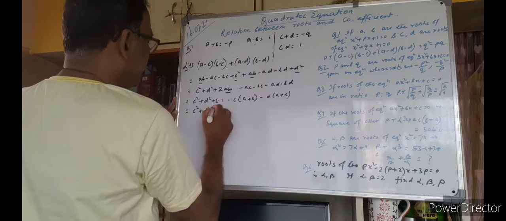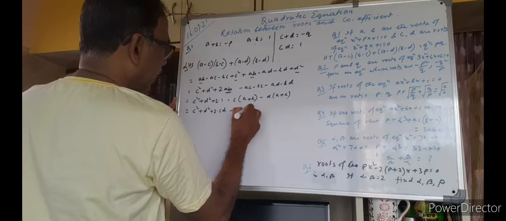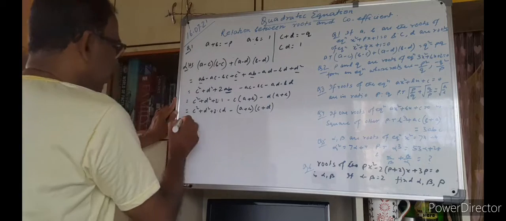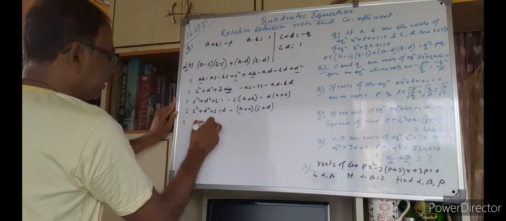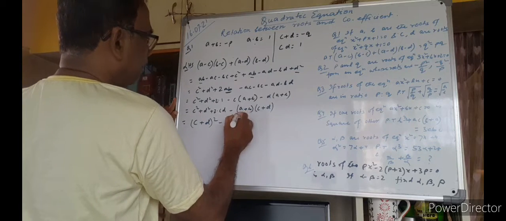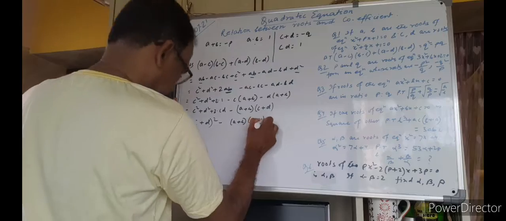Here c squared plus d squared plus 2, where 1 is the value of cd, so we can write cd instead of 1, minus a plus b into c plus d. That is c plus d whole squared minus a plus b into c plus d.